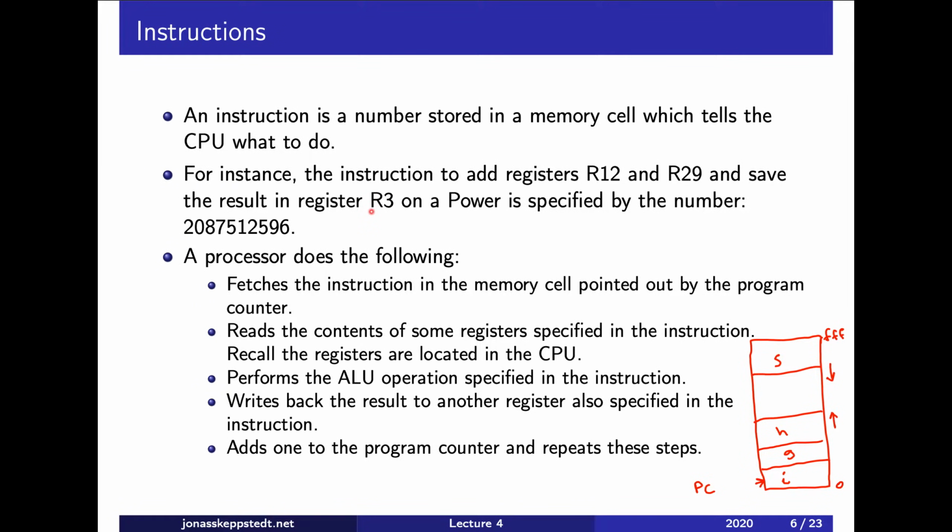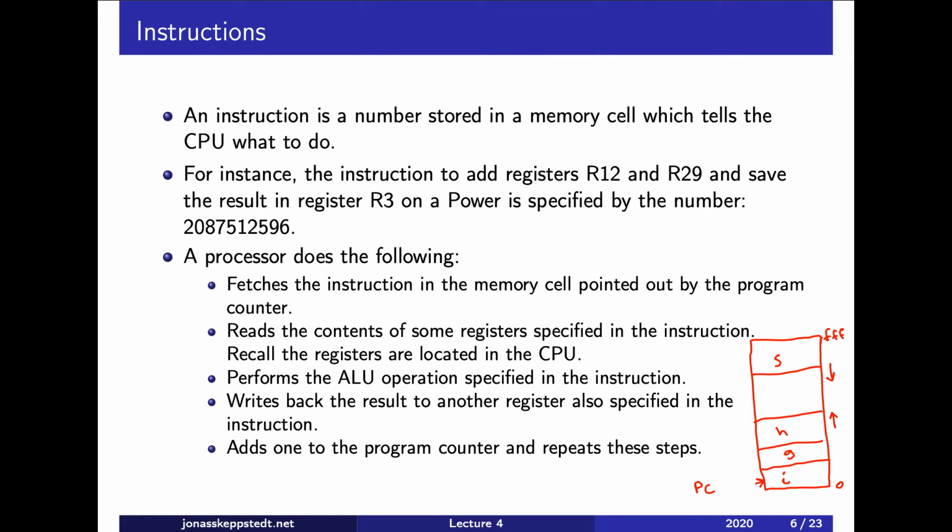Then to achieve that, the compiler has produced this number somewhere here. And when the CPU reads this number, it knows what to do. We will see soon how this works.